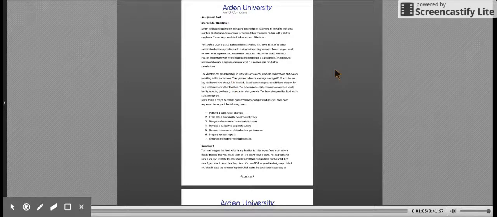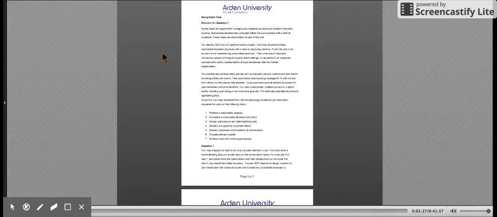So the first question relates specifically to the 7 tasks there that are to do with managing an enterprise and specifically looking at sustainable development. Now, there's a really simple formula that you can follow in order to address these particular tasks.